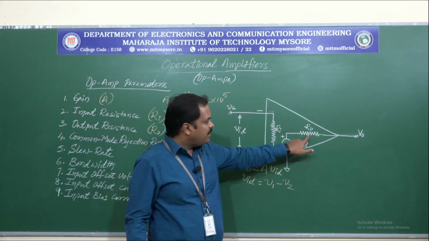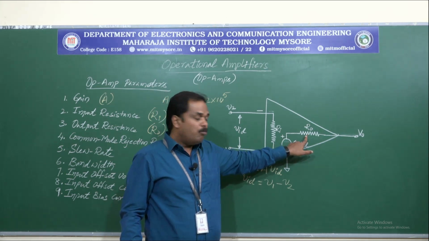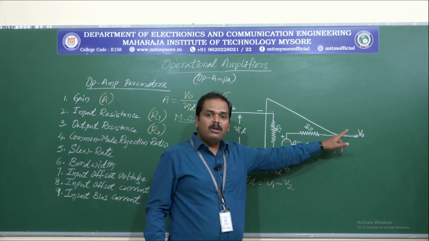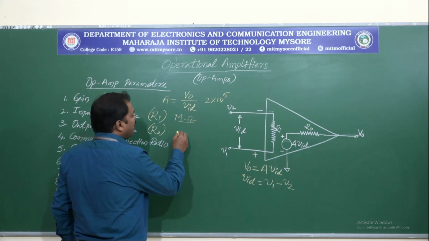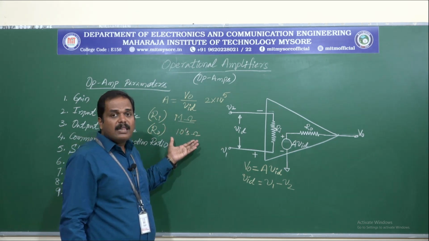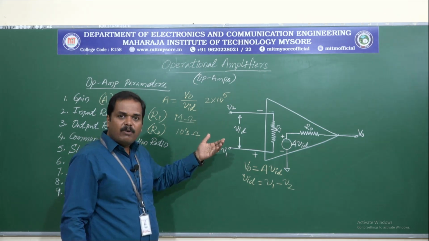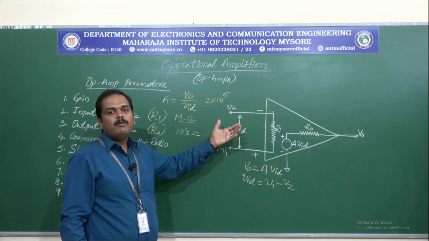Here we can see the output resistance R naught. This is the resistance measured at the output terminal V naught with respect to ground, and this will be typically in tens of ohms. This will make sure that whatever current is required for the output terminal to drive the circuits will be provided.